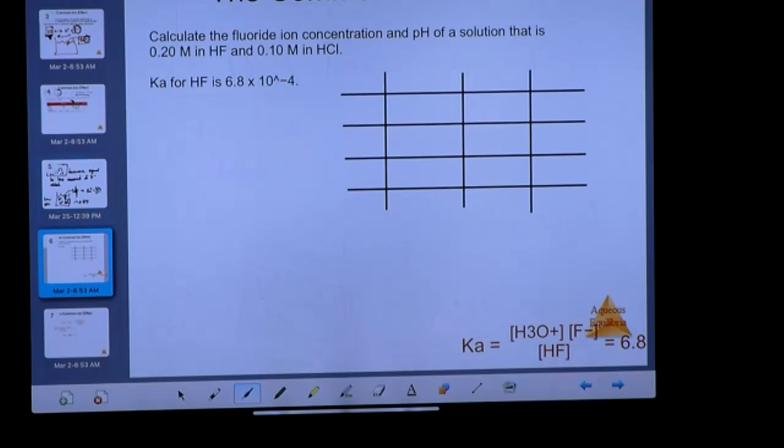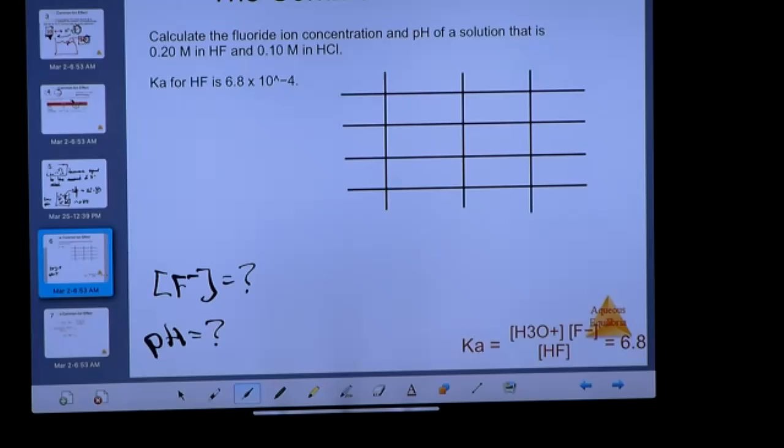All right, so this is a little bit different. I should have read this before I got here, but it's okay. Calculate the fluoride ion concentration. That's what it wants me to solve. And pH of a solution that is 0.2 molar in HF and 0.1 in HCl.